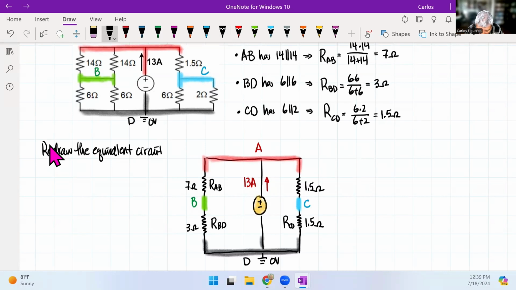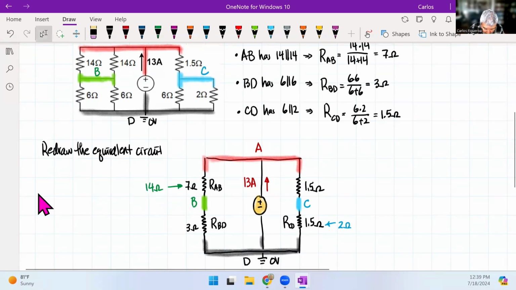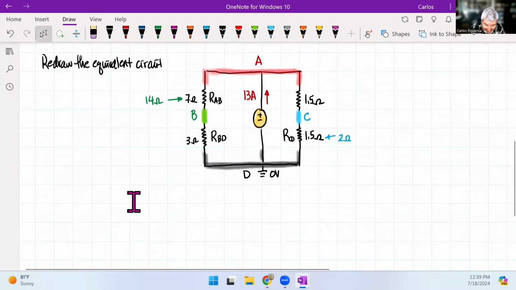So where are the powers that we want to calculate? Between C and D here is where the 2 ohm resistor lives. And then over here in the 7 ohm is where the 14 ohm lives. So that's what we're interested in.